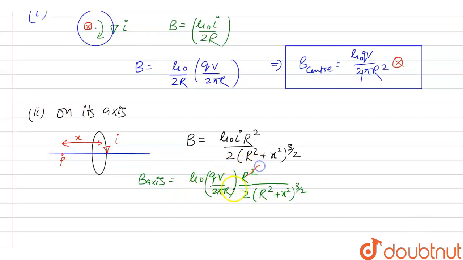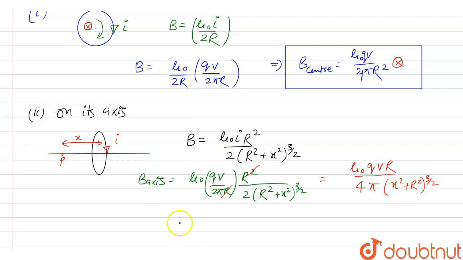See here, the r square term is cancelling. So we can write it as mu naught QBR upon, in the denominator it will be 4 pi into x square plus r square power 3 by 2. Okay, so this is our final expression.